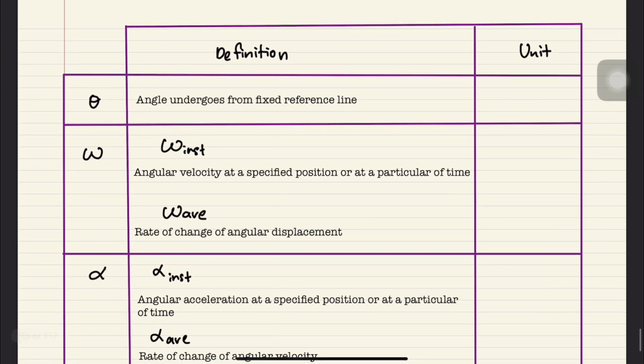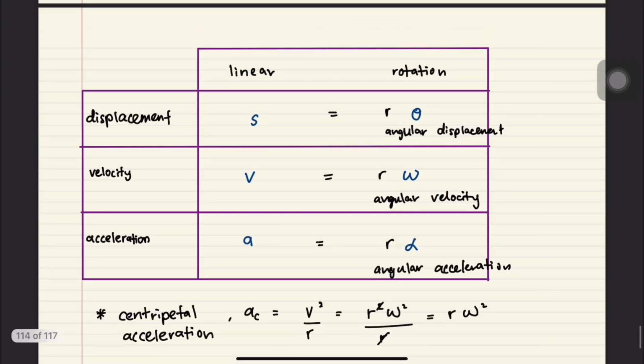If you're not sure about the terms we use, like angular displacement, angular velocity, or angular acceleration, you can always refer to the units they use. For example, for linear we use the unit meter, so this one is meter per second for velocity, and this one becomes meter per second square. Similarly for angular displacement, we use angle, which is radian.